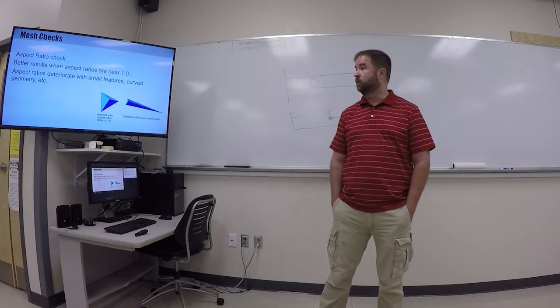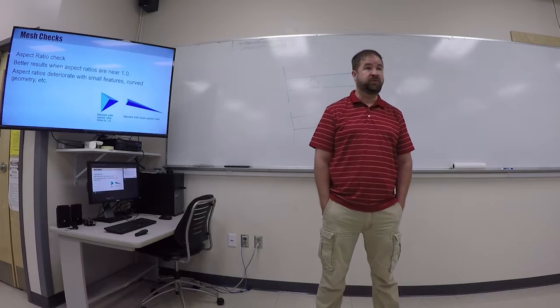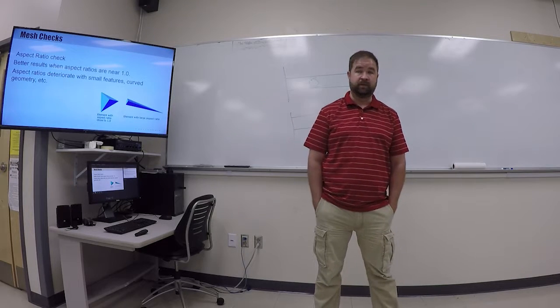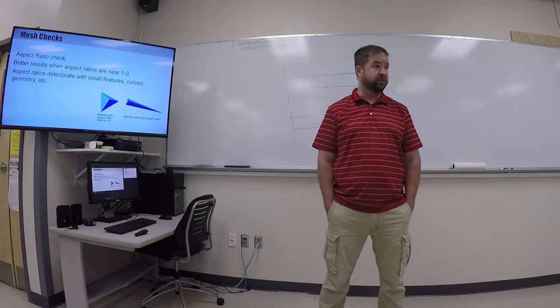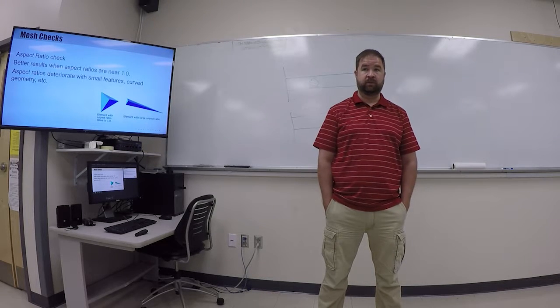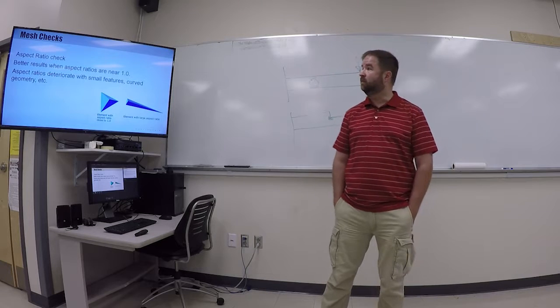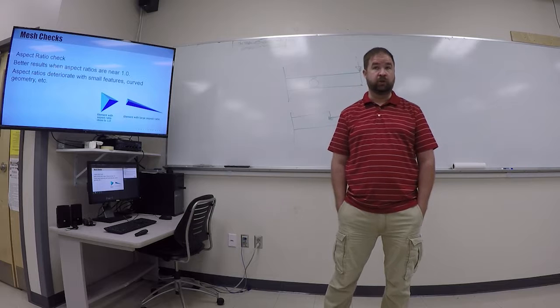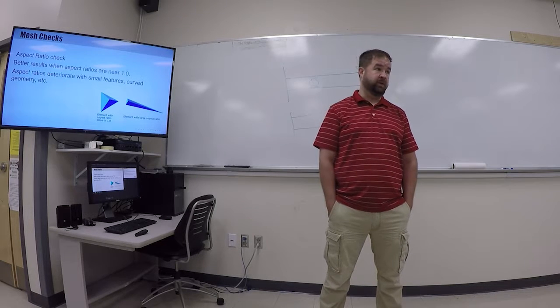Okay? So for my tetrahedral, the closer each side of that triangle gets to be the same, the better the results are going to be for that element because of the way the math works. Okay? For bricks, the closer each of those are to a cube, the better the results are going to be.